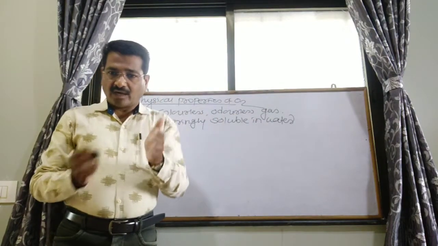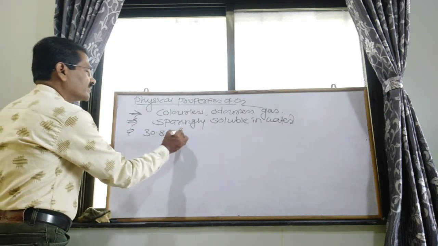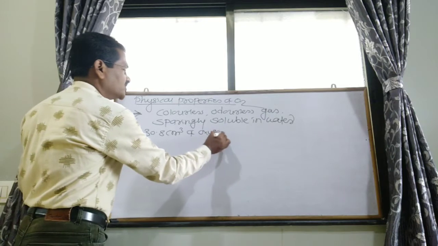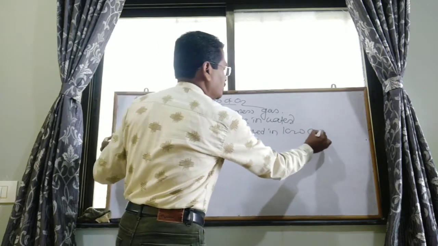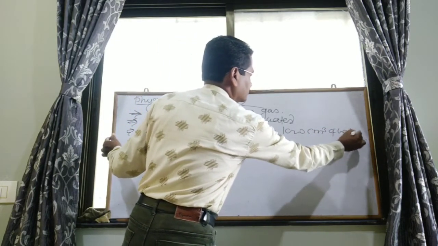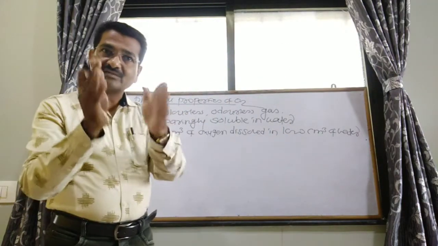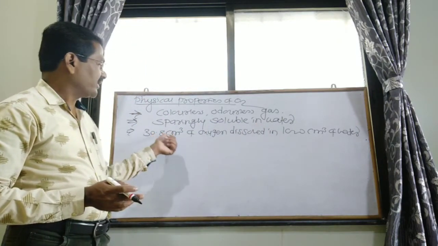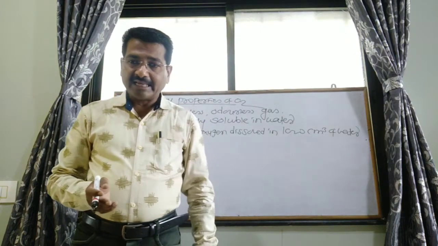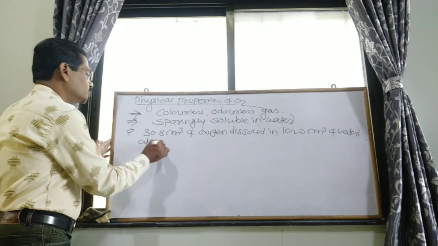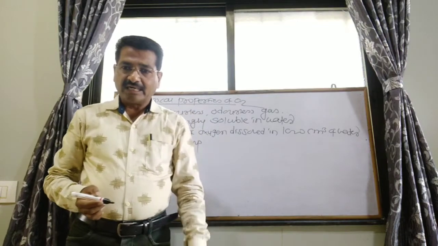What does it mean? 30.8 cm cube of oxygen dissolves in 1000 cm cube of water, at 293 Kelvin temperature.